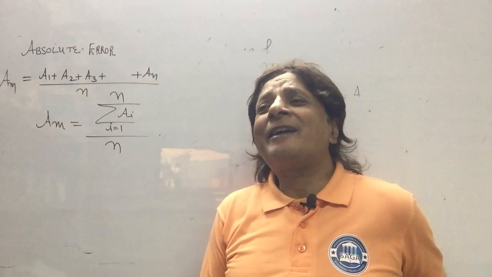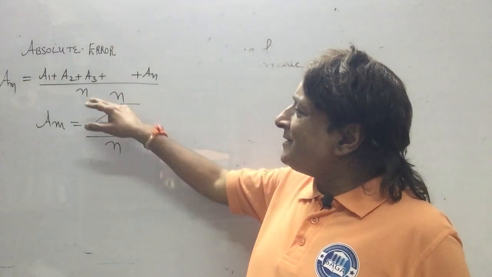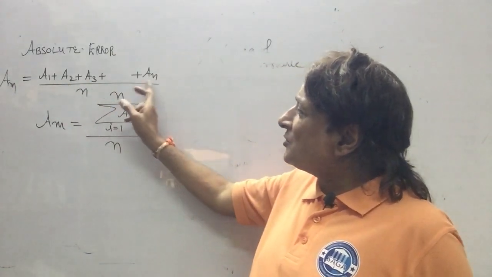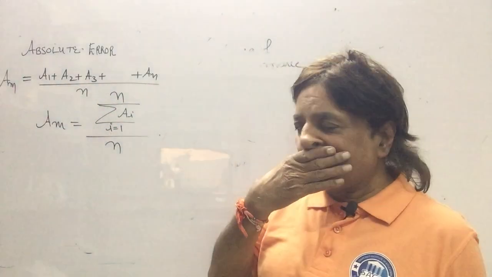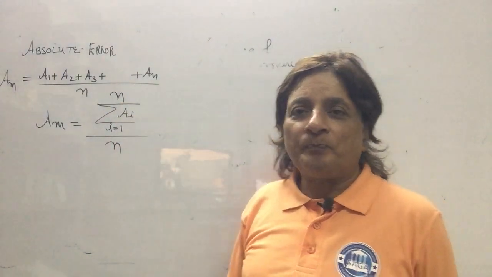This is again the same. We can write it like a1, a2, a3 so on to an by n, and summation ai, i equal to 1 to n, by n.